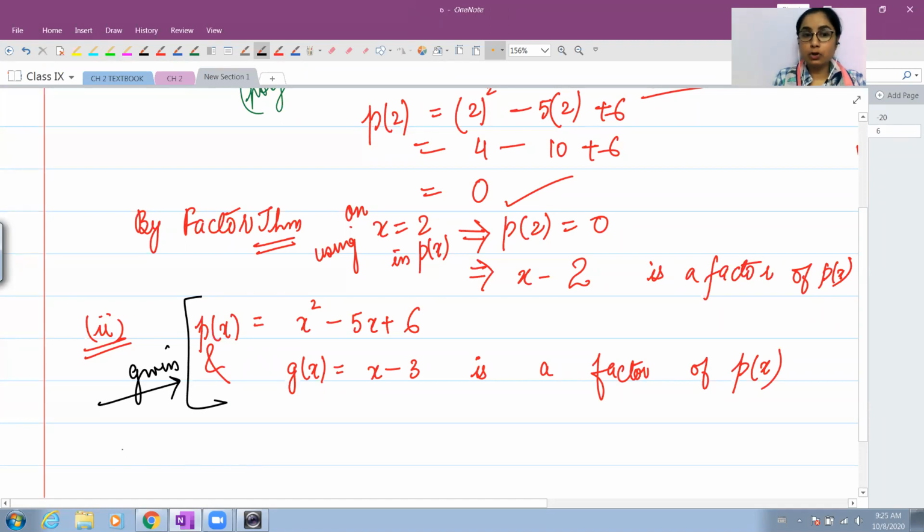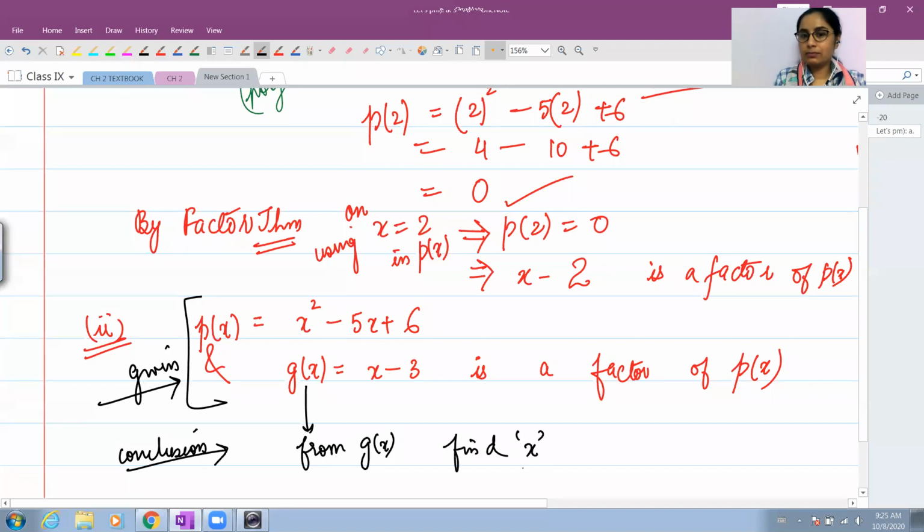Then what can I conclude? From gx, find x. That would mean we will be taking gx equals to 0 and then we will obtain x as 3. Yeah, x will come out to be 3. I'm going to write that on a side here.